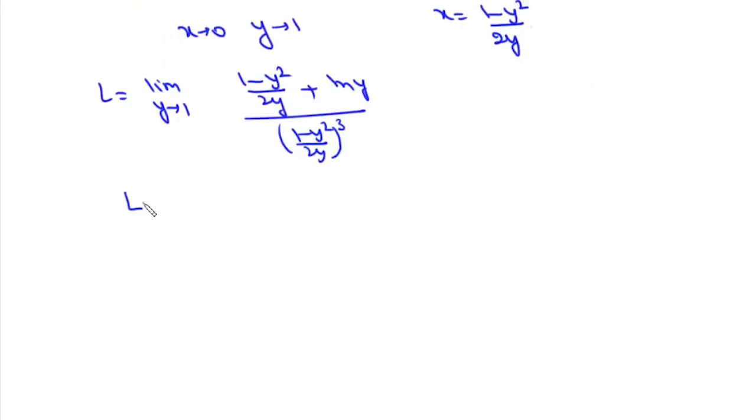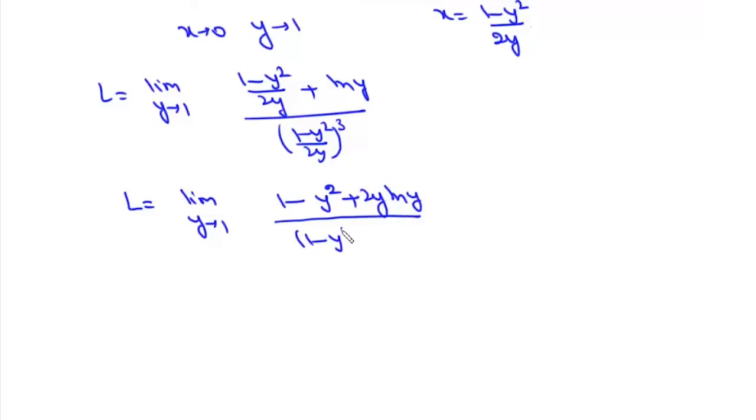Now we can write this as limit y tends to 1, and this is 1 minus y square plus 2y log y, and here it will be 1 minus y square whole cube into 2y whole square.